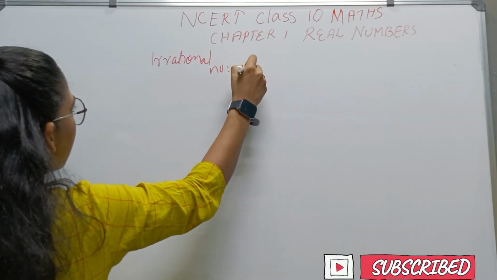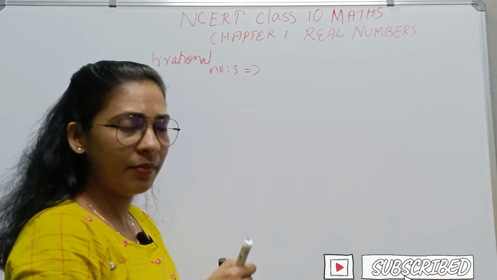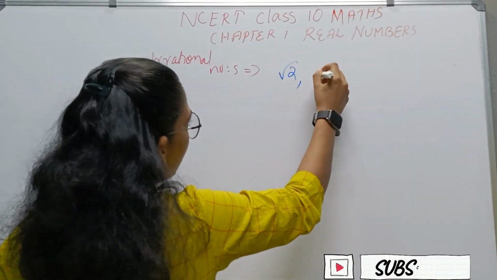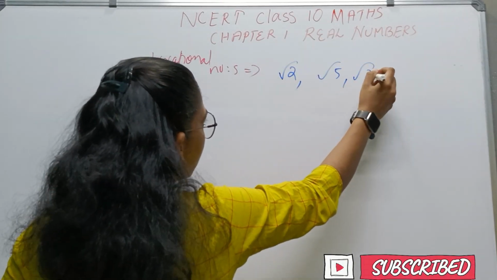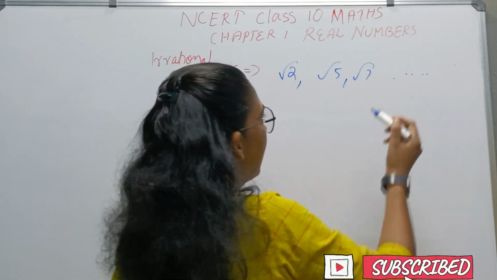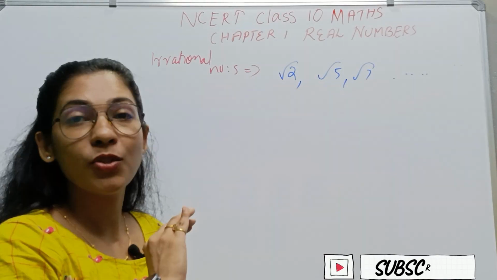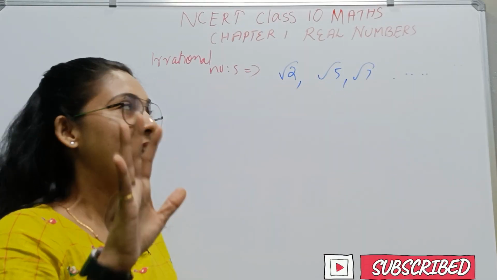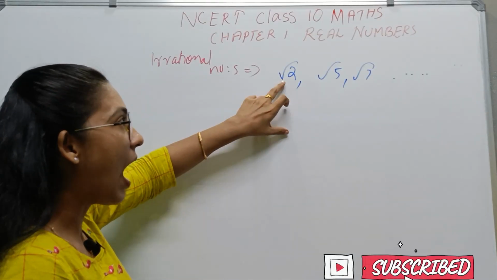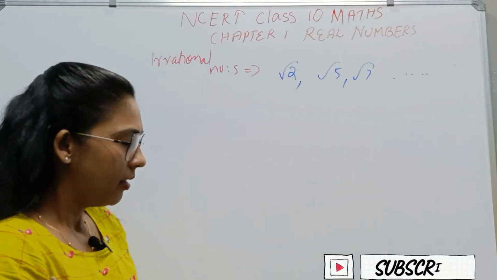Let's write down some examples of irrational numbers, which is root 2, root 5, root 7, etc. See, any number under root which is not a perfect square is said to be an irrational number.